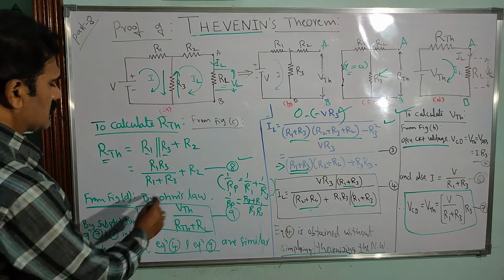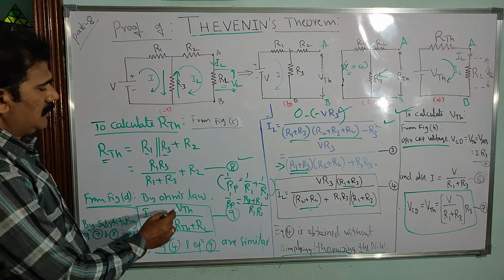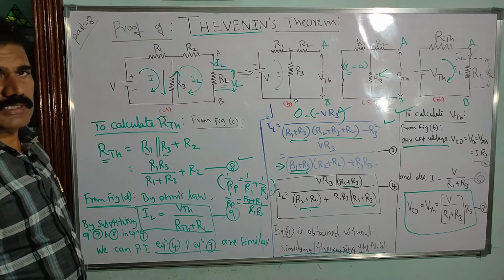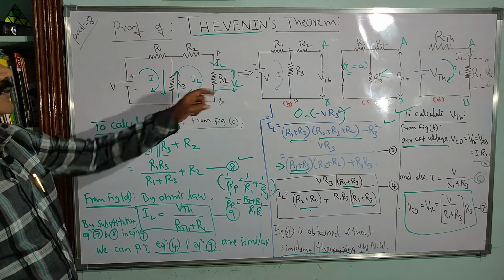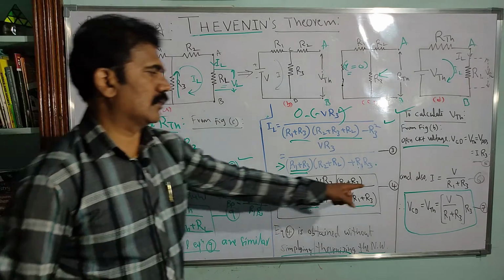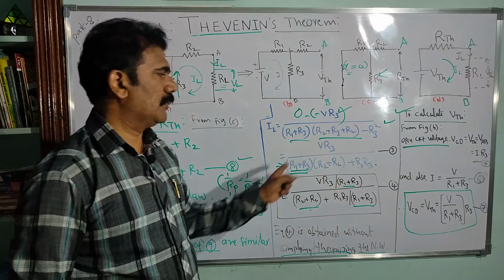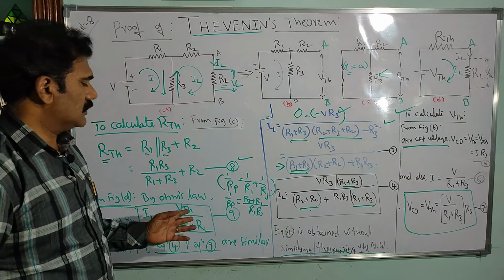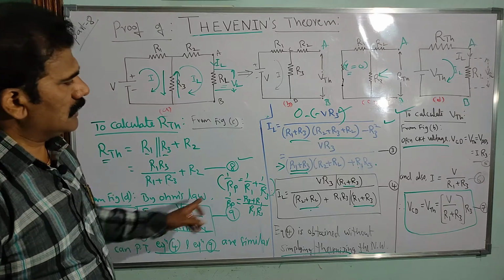In this equation, the simplified Thevenin's voltage and simplified Thevenin's resistance are there, along with the same load resistor as in the first circuit. So this must be the same as equation 4, which was obtained from the complicated network.